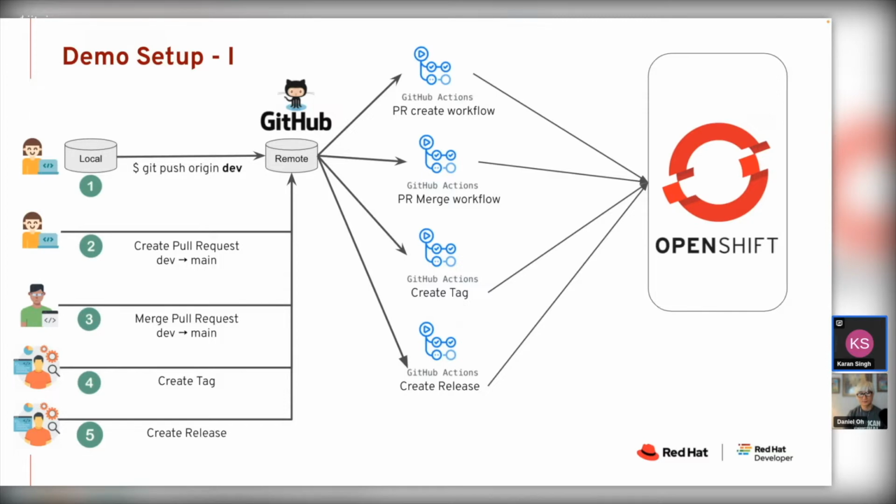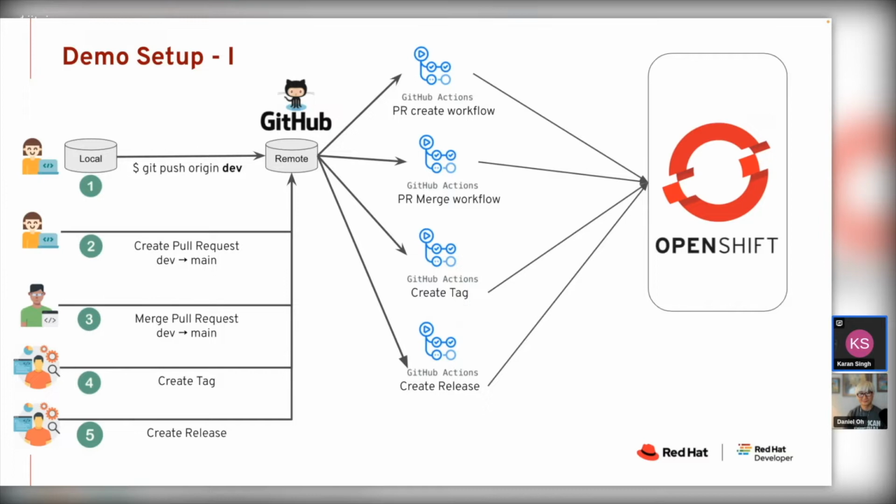In here, I, as a developer, will write some code on my development branch, and once I'm done with this, I'll do a git push to a remote repository. Then let's say Daniel is my team manager, and I will create a pull request from the development branch to the main branch.